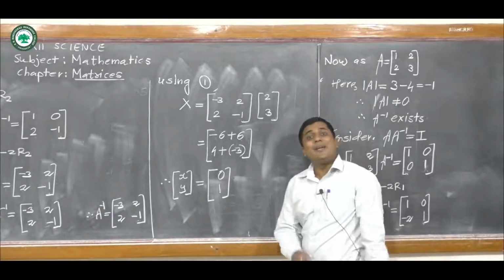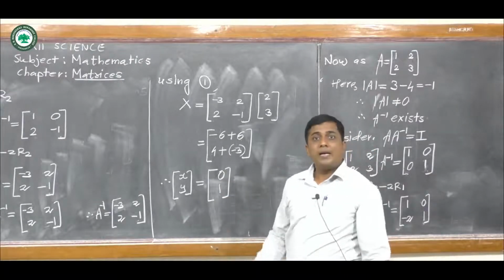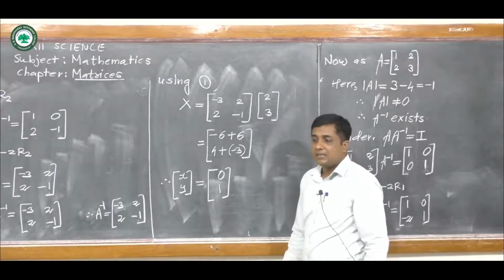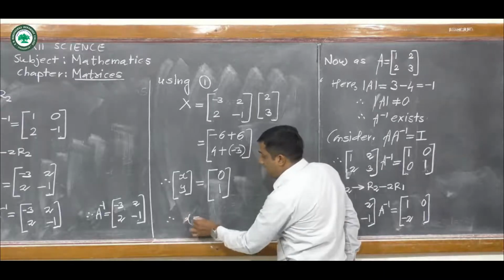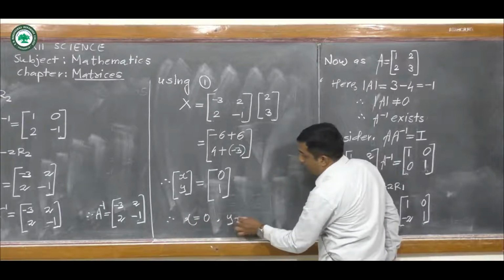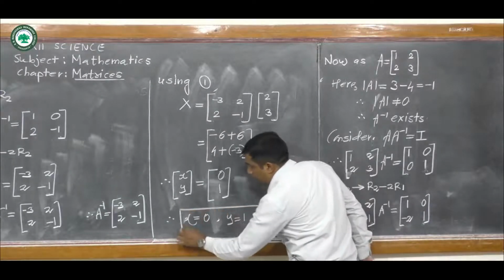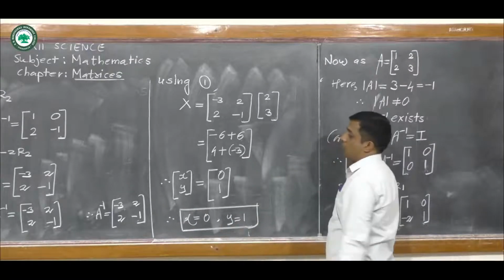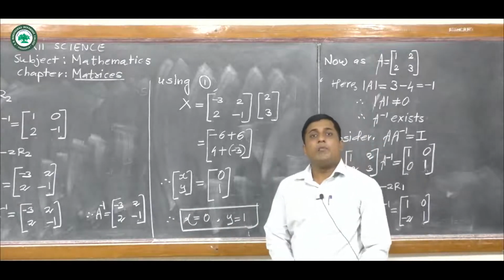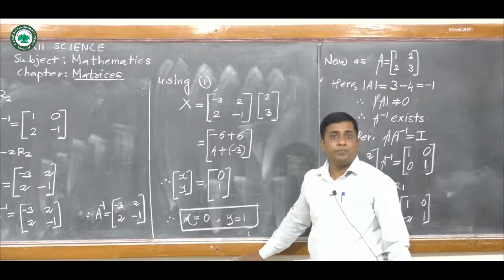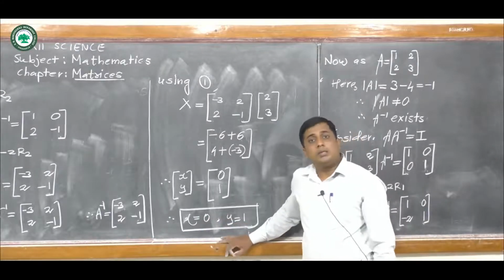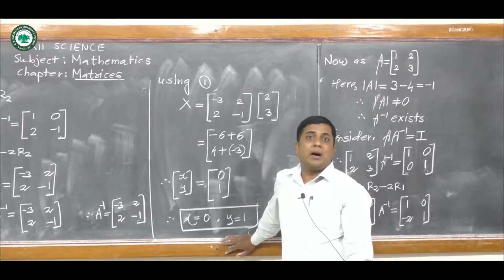Now by equality of matrices, we get x as 0 and y as 1. So by the method of inversion we find the values of the variables x and y.